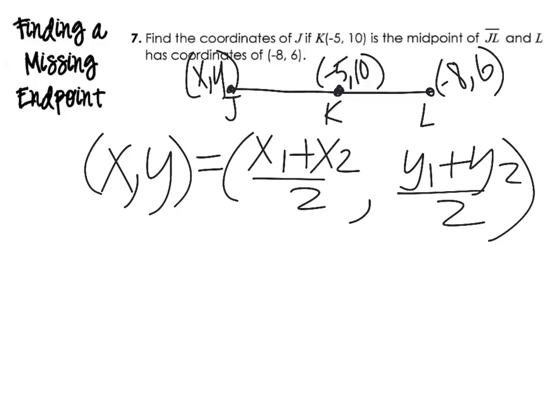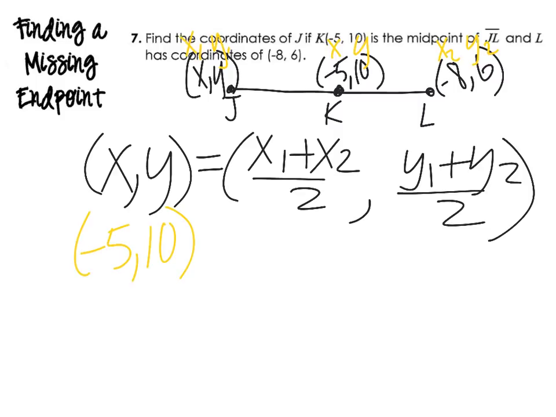Now, we know that negative 5, 10 is our midpoint. That's our x comma y, this value right here, negative 5 and 10. We also know that L is one of the endpoints. So let's call this x2 and y2, and we're looking for x1, y1. We don't know what they are.